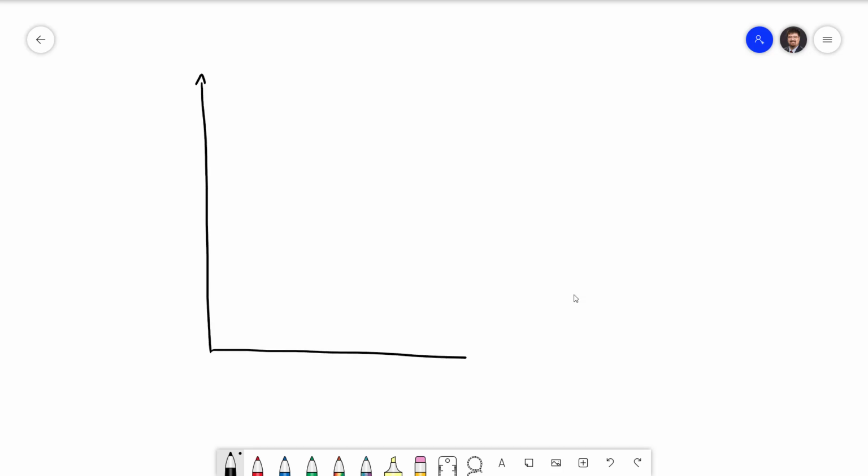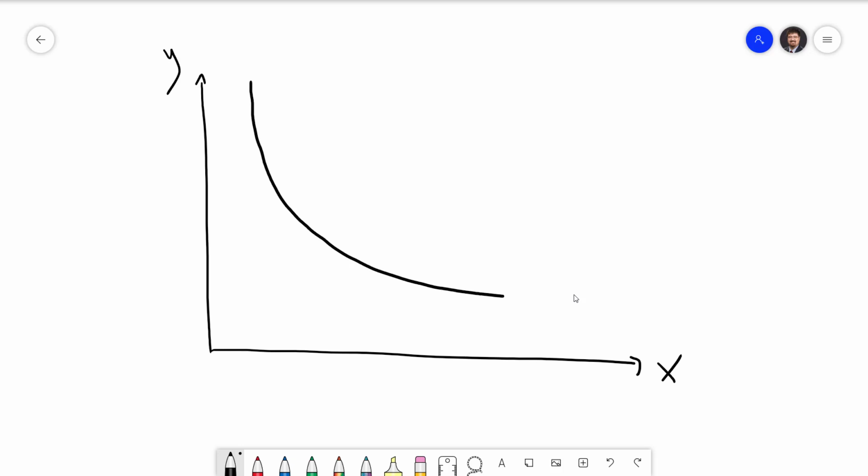Let's sketch a graph with good X and good Y. Indifference curves generally have a shape that we call convex to the origin, meaning they bow inward towards the origin. If we look at a few points along our indifference curve, these points represent different bundles that give the consumer the exact same amount of utility.